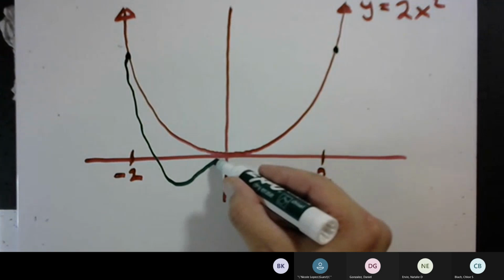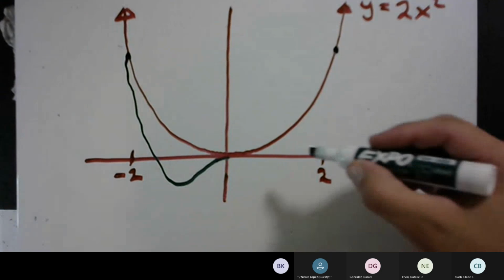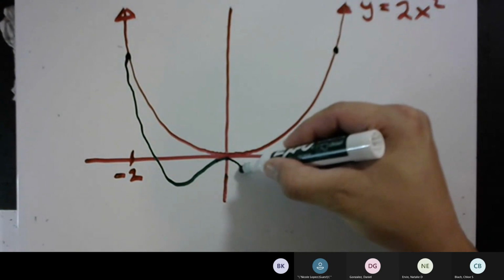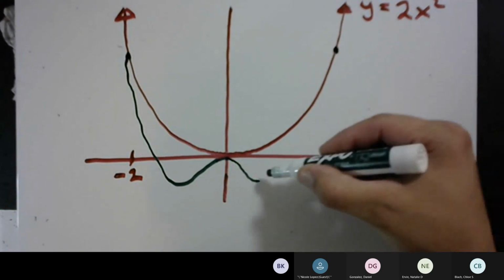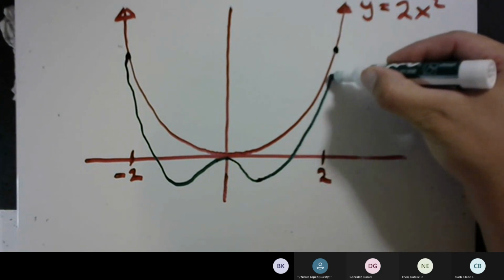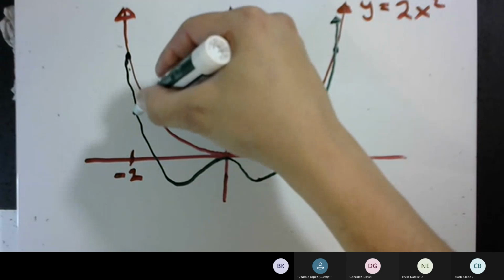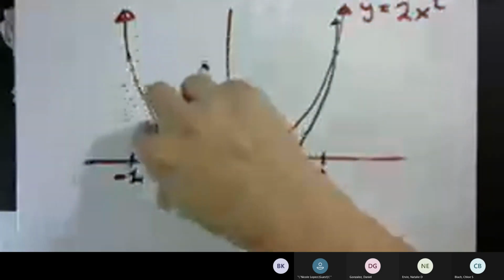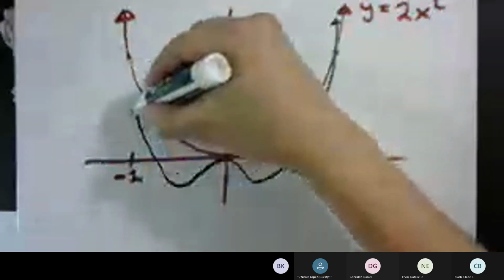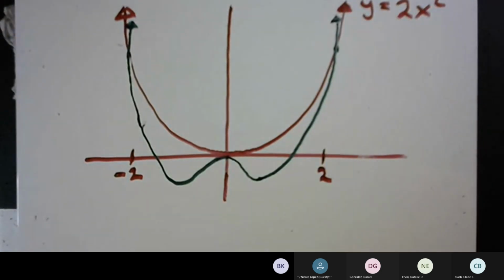Now, this is the other function, x to the 4th minus 2x squared. Does something sort of like this. It's going to come through here. Let me make this a little more vertical. Does something roughly like that.